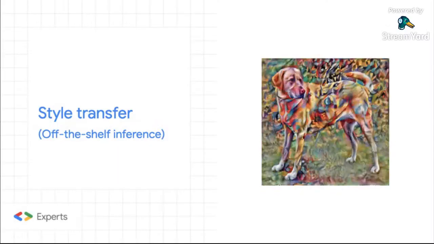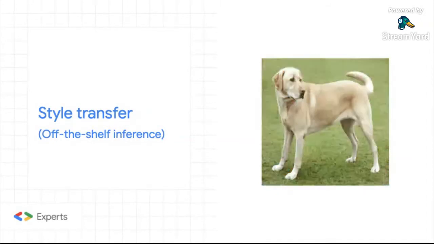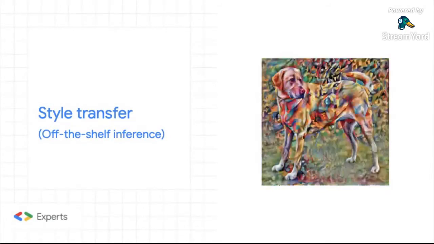So let's take one of my most favorite demos of TensorFlow Hub, that is running off-the-shelf, very cool style transfer. So let's say we are interested in obtaining stylized images which would look as cool as this one. So let's see how that goes.